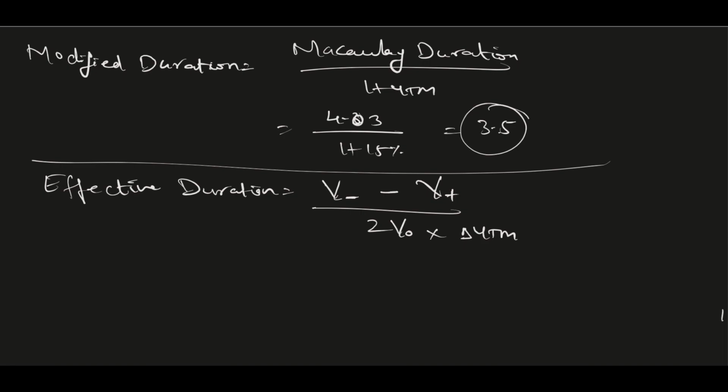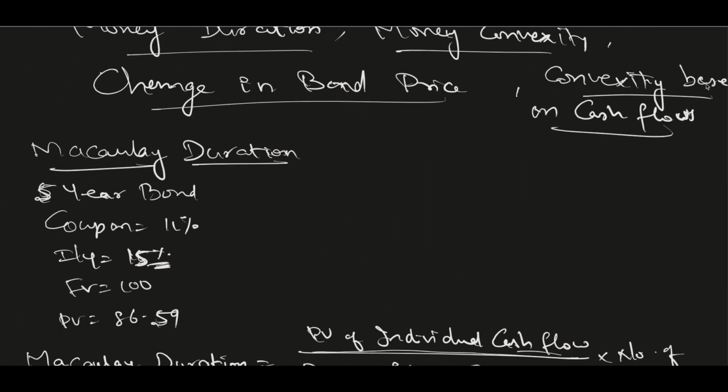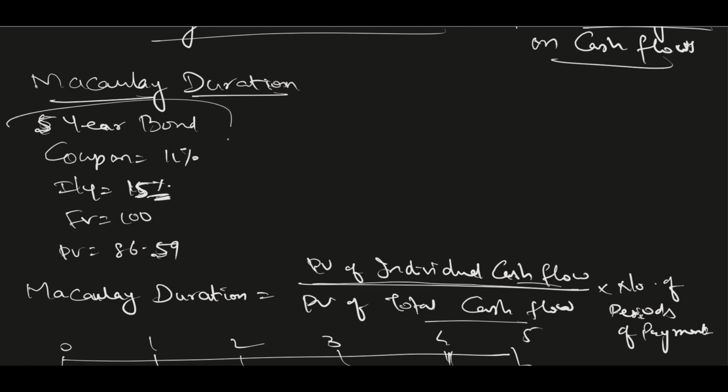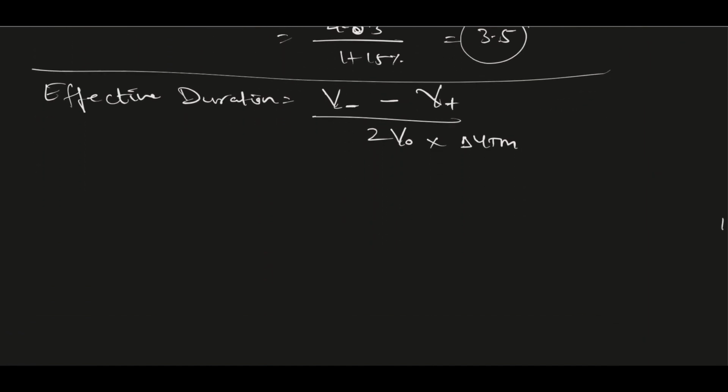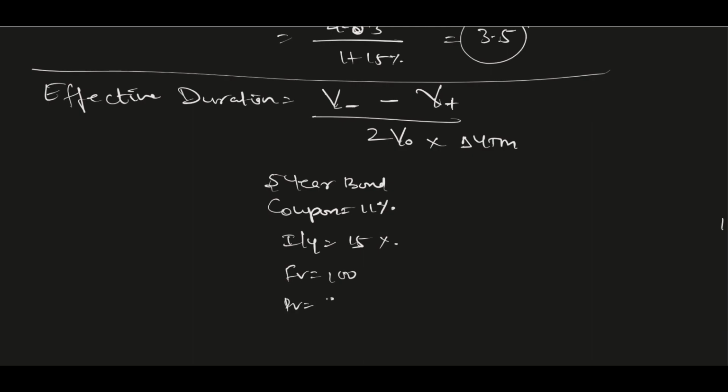So now I am just rewriting this question again. So here, 5-year bond, coupon is equal to 11 percentage, IY 15 percentage, future value 100, and present value is equal to 86.59.